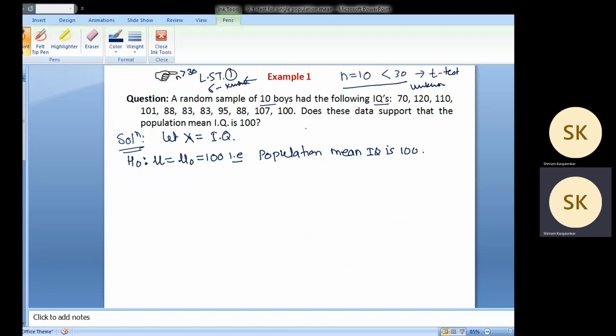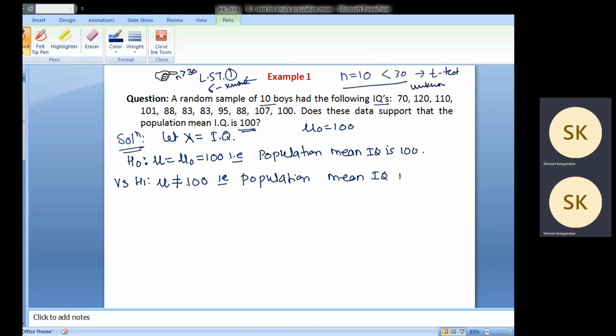What is mu naught? This is the given value of the population mean. Against it, when the alternative is not clearly mentioned, you can take not equal to. So it is not equal to 100. How do you interpret it? The population mean IQ is not 100.